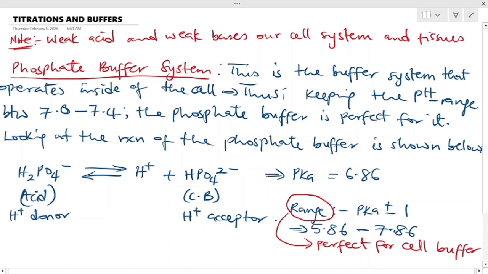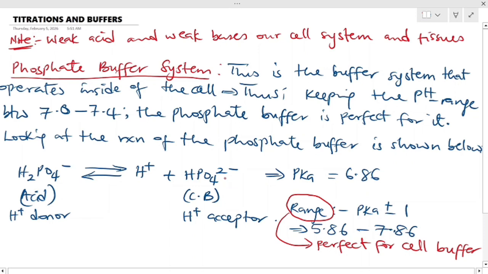The acid. Thus, in the cell, there is some of the donor and some of the acceptor. The pKa is 6.86, and the buffering range is pKa plus or minus 1. Thus, the range of the phosphate buffer is 5.86 to 7.86, as shown in the calculation.